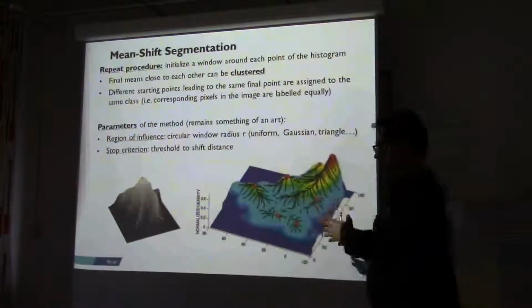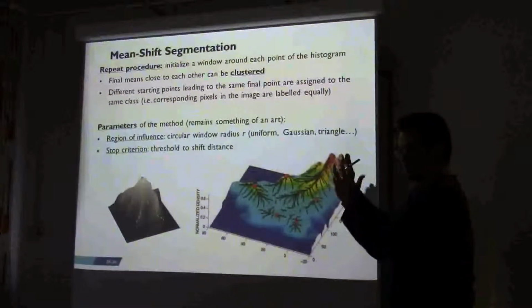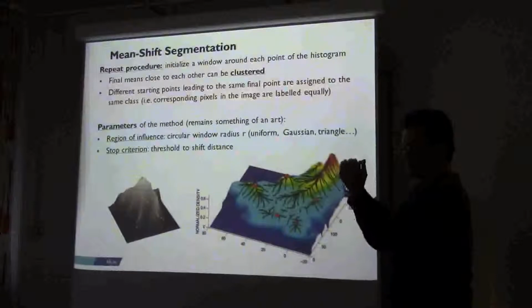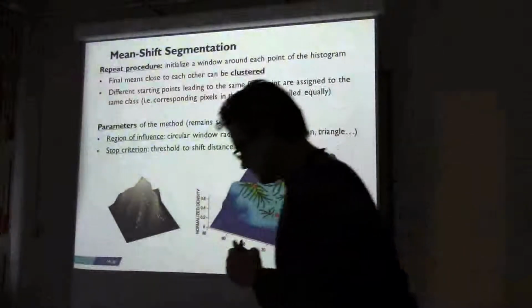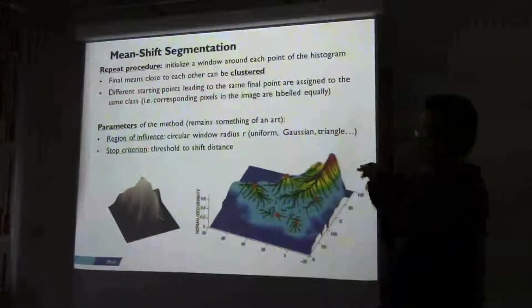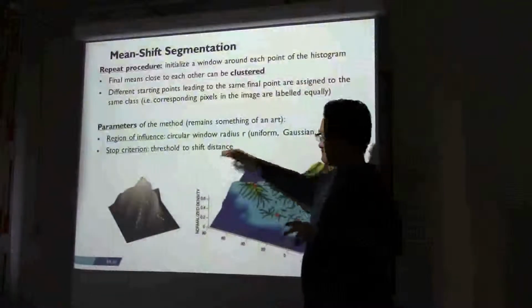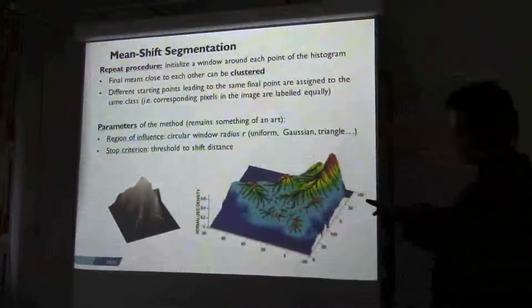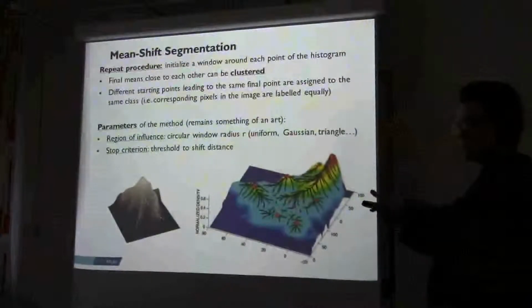If you have included X and Y in your vector, hopefully you will get regions that are adjacent. Well, not necessarily, but hopefully. So the two parameters here are the size of your window, and a stop criterion where you say, okay, when my window doesn't move more than this, then I will stop.